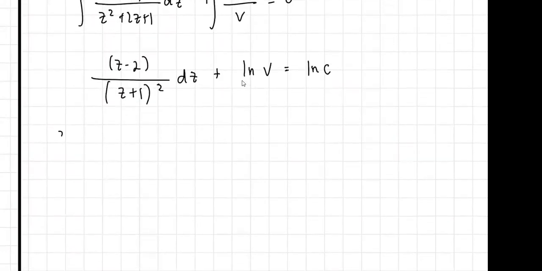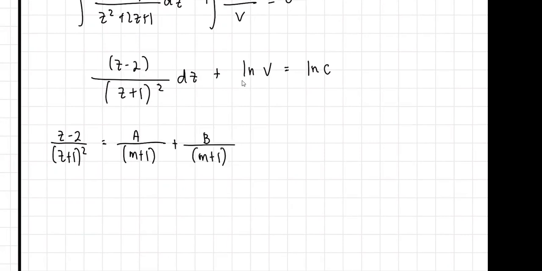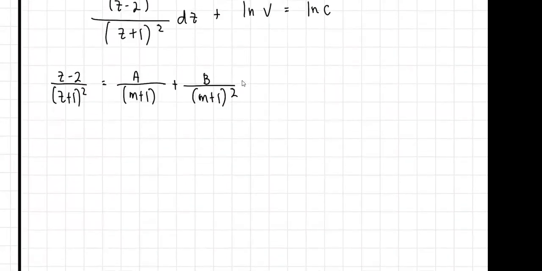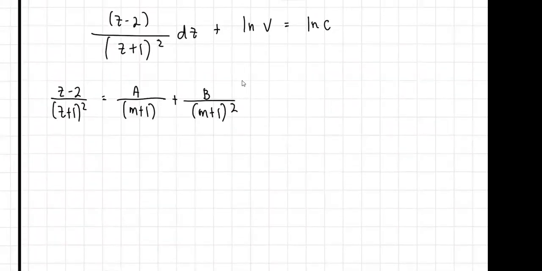So when we take the partial fraction of our given fraction, it equals a over z plus 1 plus b over z plus 1 squared, since it is a repeating factor. Okay?